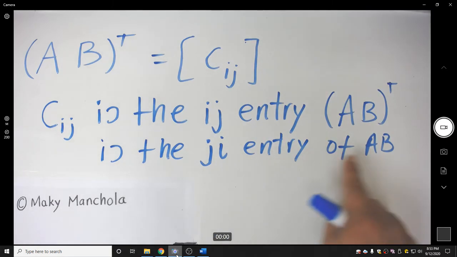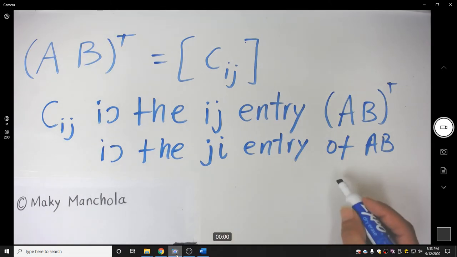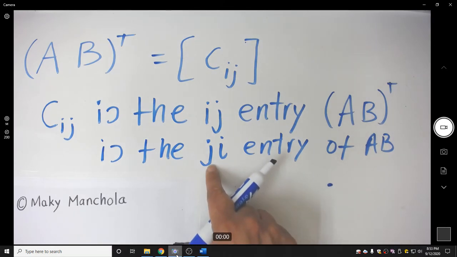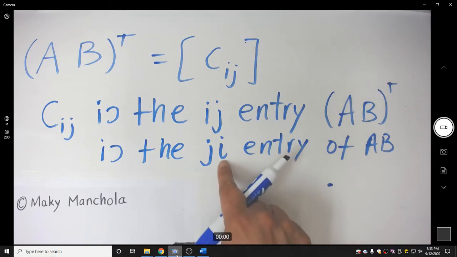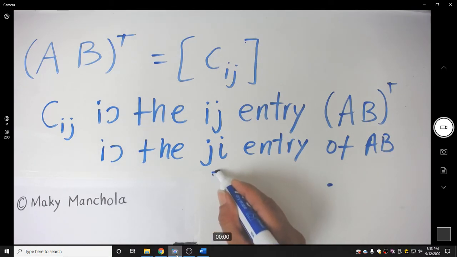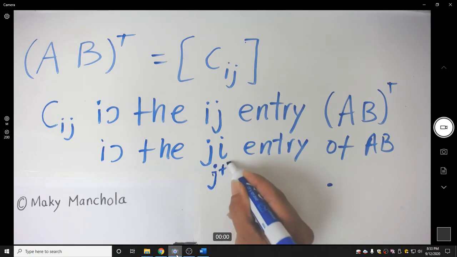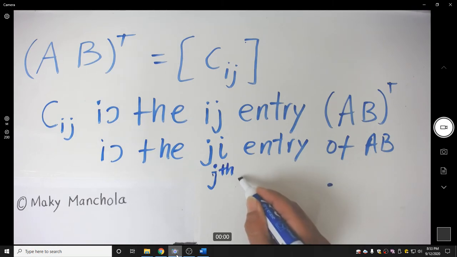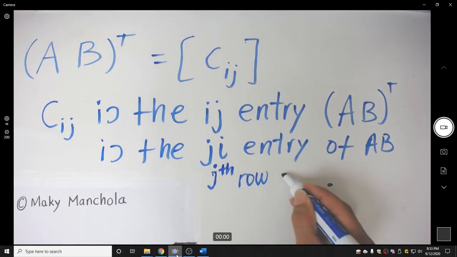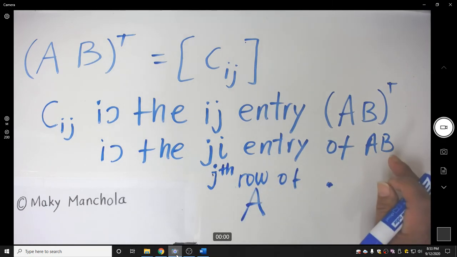Well, by definition of multiplication, the ji entry of AB has to be the dot product of the jth row of A and the ith column of B.